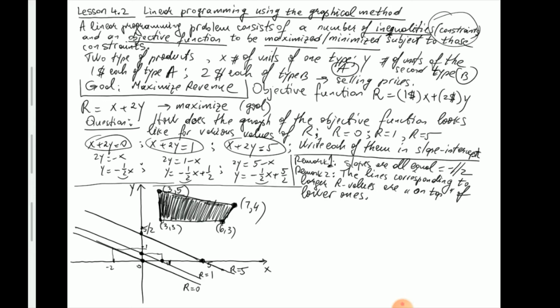So obviously you want a revenue function that overlaps the constraint. So suppose this region is the feasible region corresponding to the constraints on the problem.